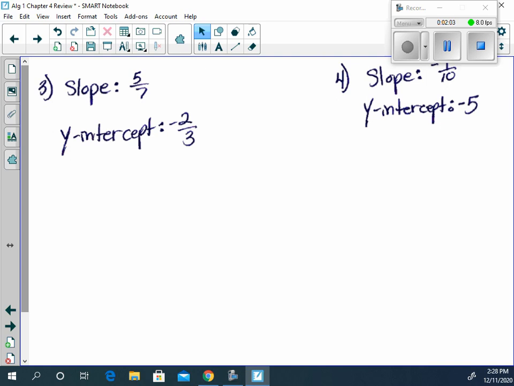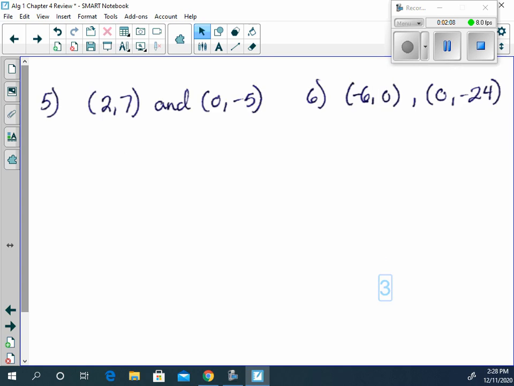So these two here are the exact same thing, they just were given different numbers. So 5 and 6, we're doing the exact same thing, except instead of being given the slope and y-intercept, we're given 2 points.